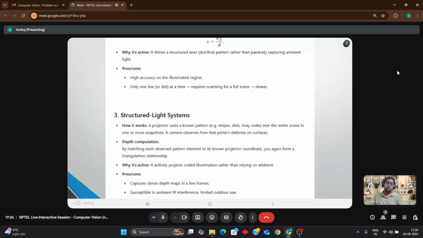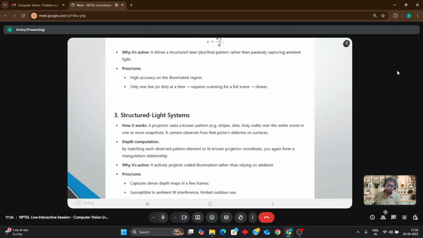Then the structured light systems. A projector casts a known pattern over the entire scene in one or more snapshots. The camera observes how that pattern deforms on the surface. That is structured light. For depth computation, by matching each observed pattern element to its known projector coordinate, you can form a triangulation relationship.